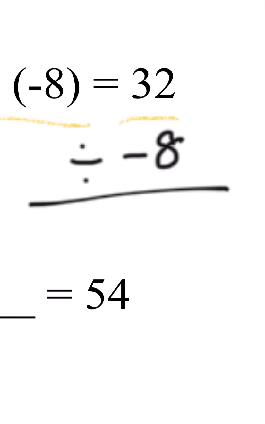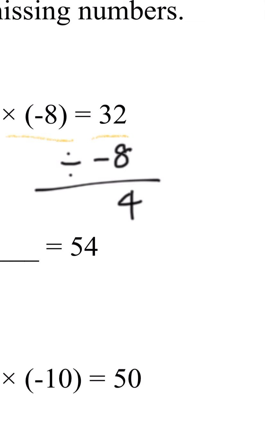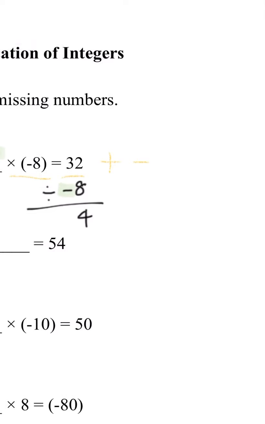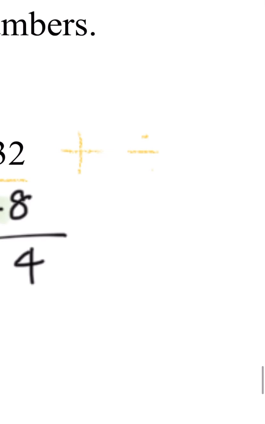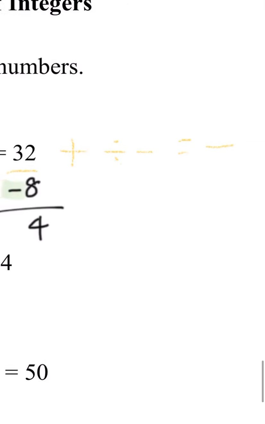Okay, and when we do that, what's 32 divided by 8? We know that equals 4. So is 4 our answer? No, right? Why? Because we have a negative in front of the 8. Okay, and remember, a positive number divided by a negative number equals a negative number, right?